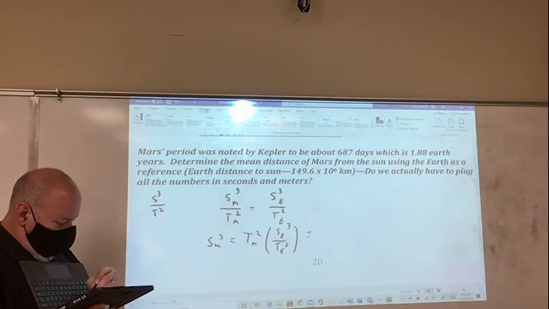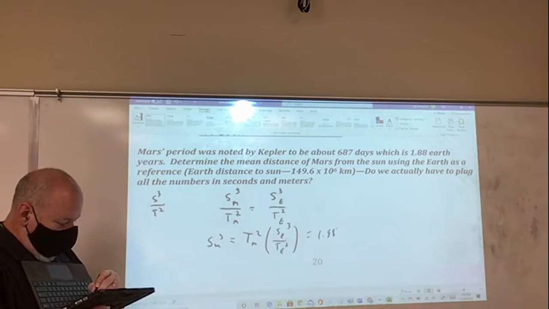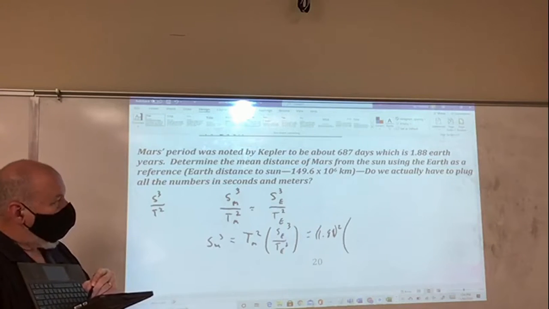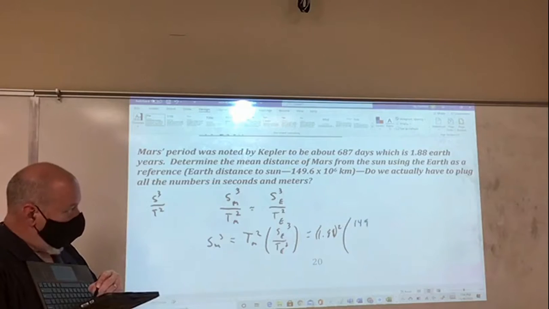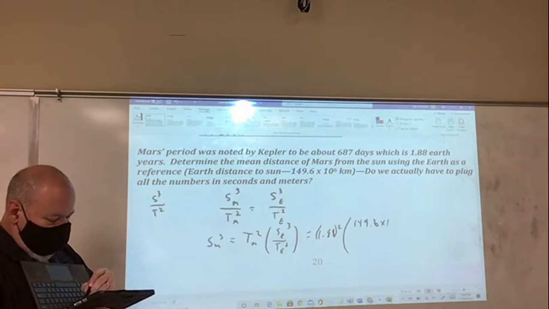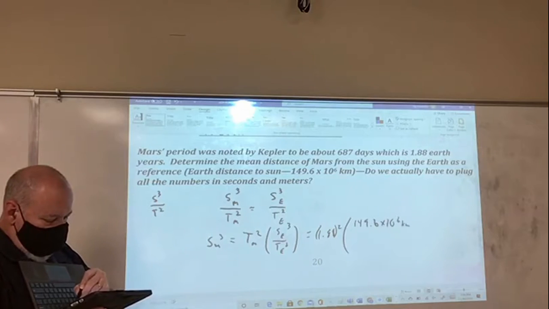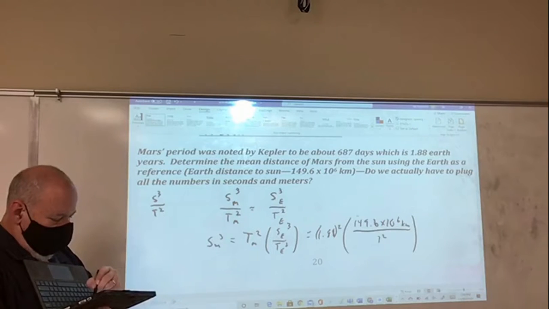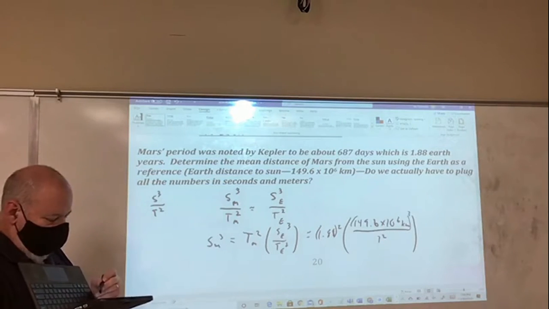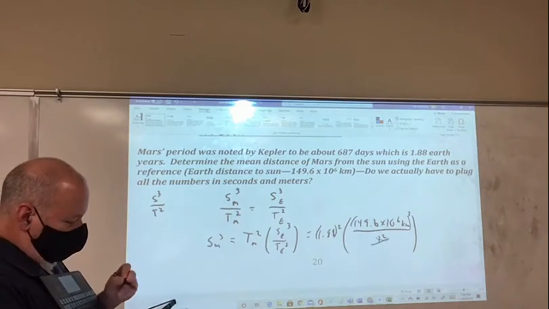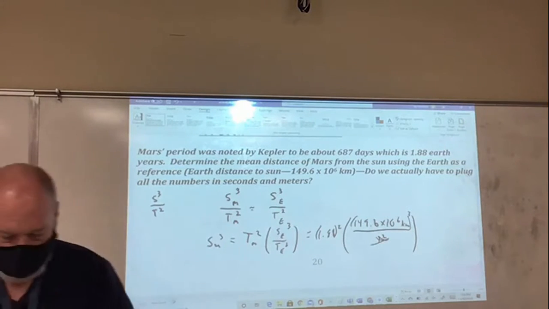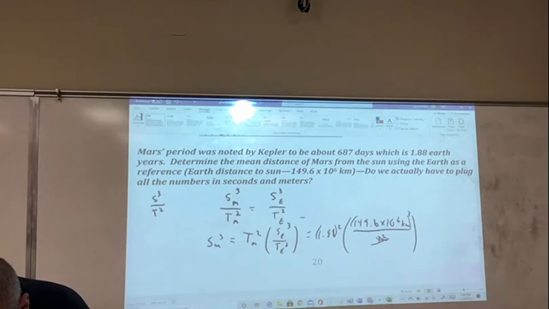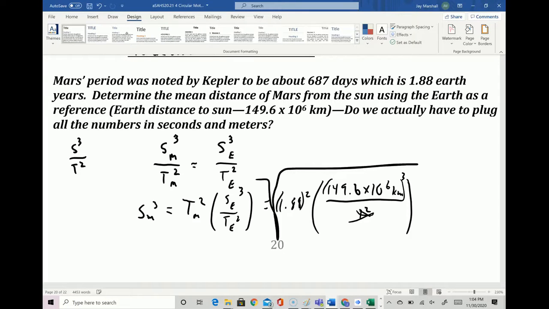And so that's going to equal 1.88 squared times 149.6 times 10 to the 6th kilometers divided by 1 squared. Remember, this has to be cubed. Okay, so that 1 just kind of drops out, doesn't it? And then we have to do what to the whole thing? Cube root. I have to take the cube root.